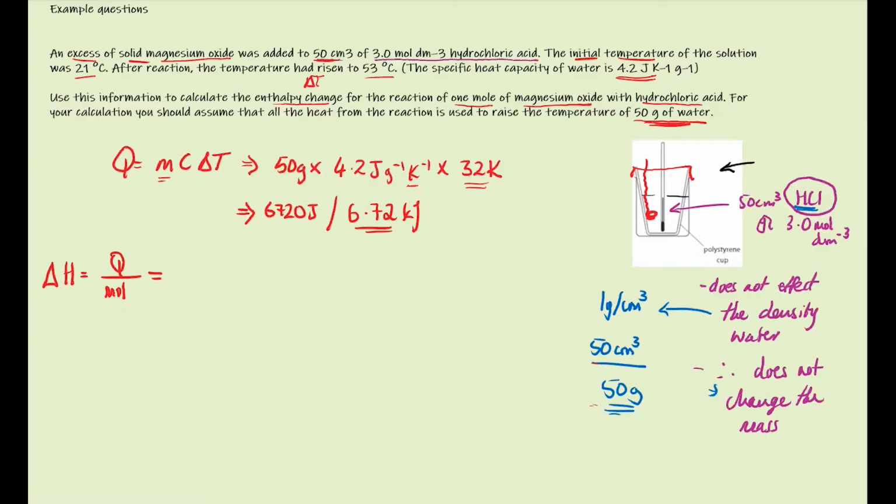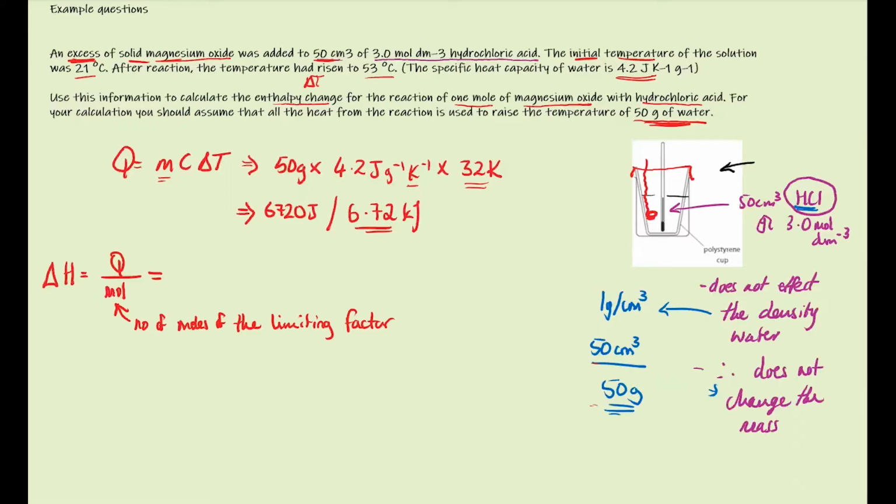The second thing is I need to know the number of moles of my limiting factor. Now the limiting factor is the one that's not in excess. My excess, as shown above, was the magnesium oxide.